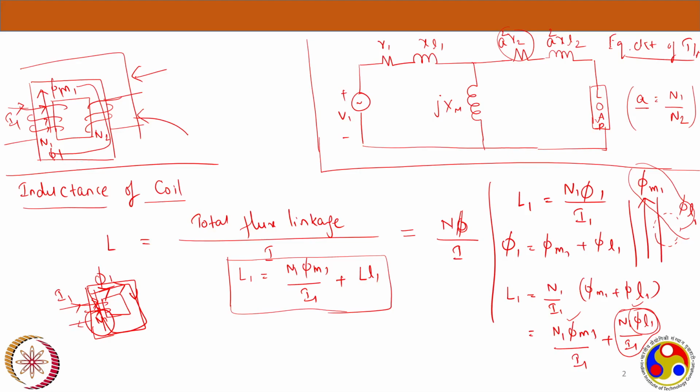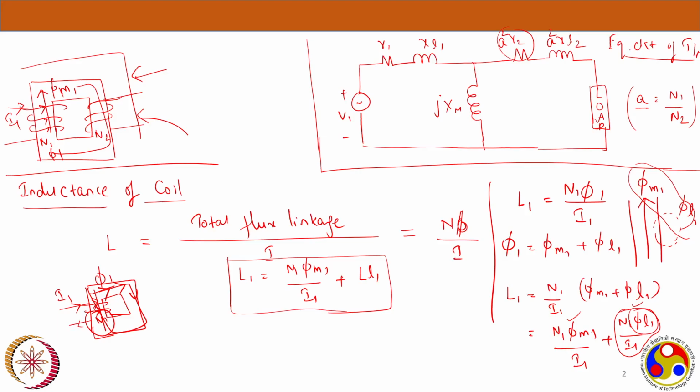An interesting thing will happen here because the main flux from the first winding flows through that core, and in that path I have introduced another winding N2, and the main flux will see this new winding added to the core. Now what will it do? It will definitely link with coil 2, right?